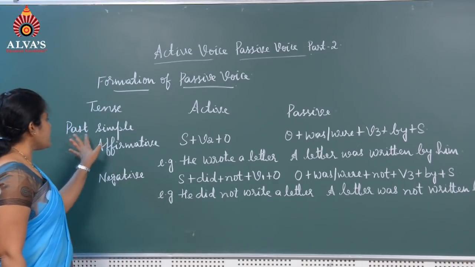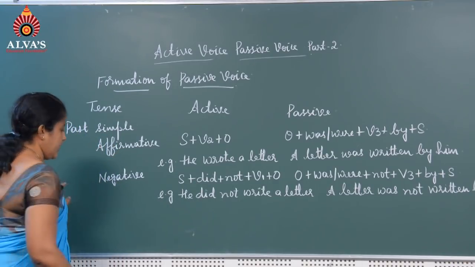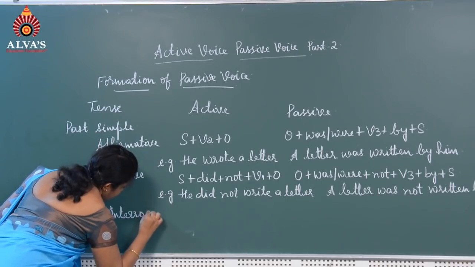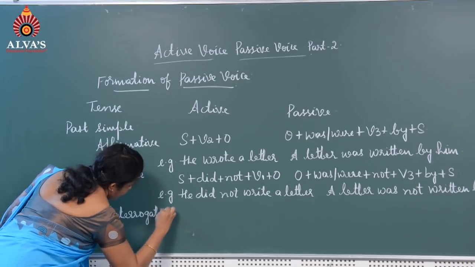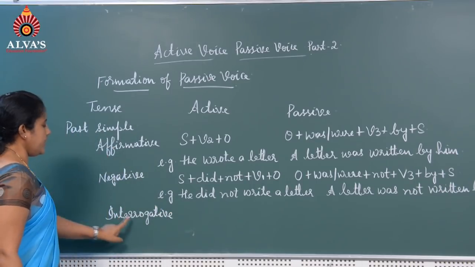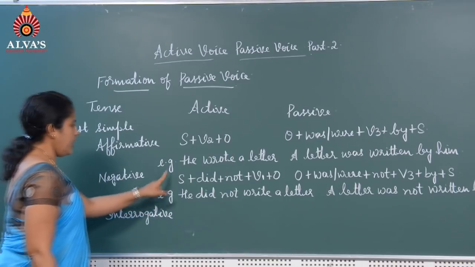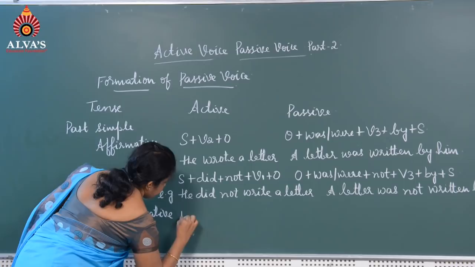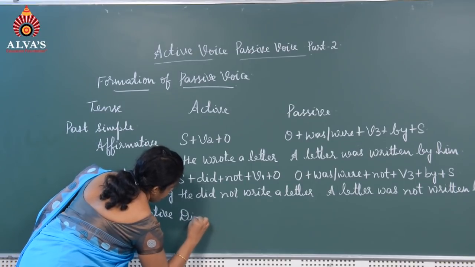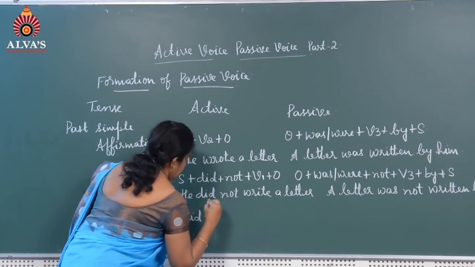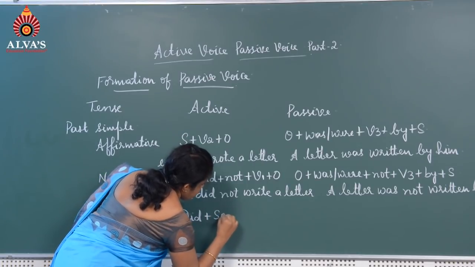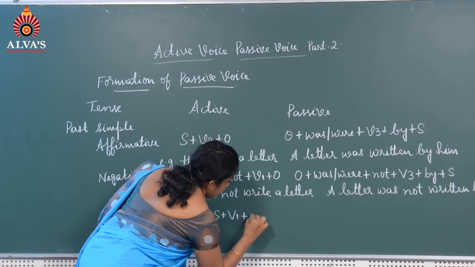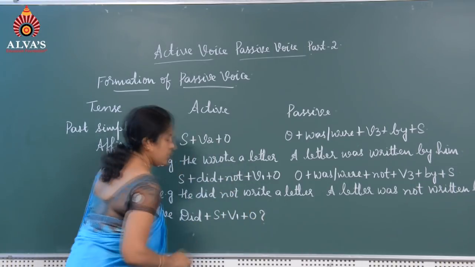So, if we take past simple interrogative sentence, the formula is did plus subject plus first form of the verb plus object, with a question mark.